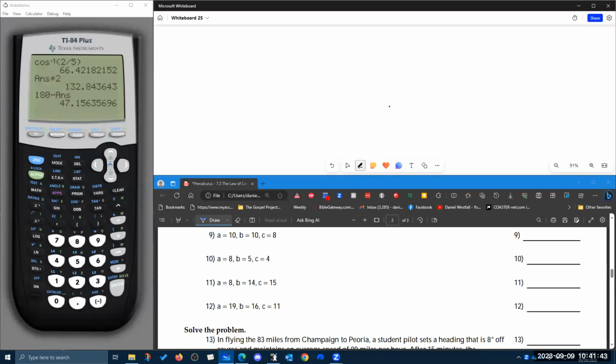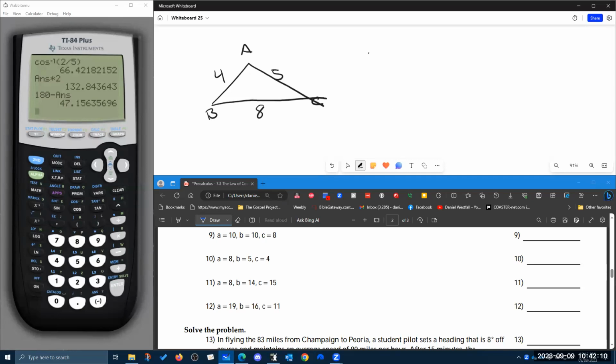Let's go ahead and look at number 10 here. We have the big side here is 8 across from angle A, 5 across from B, 4 across from C. Okay, and we need to find angle A first.